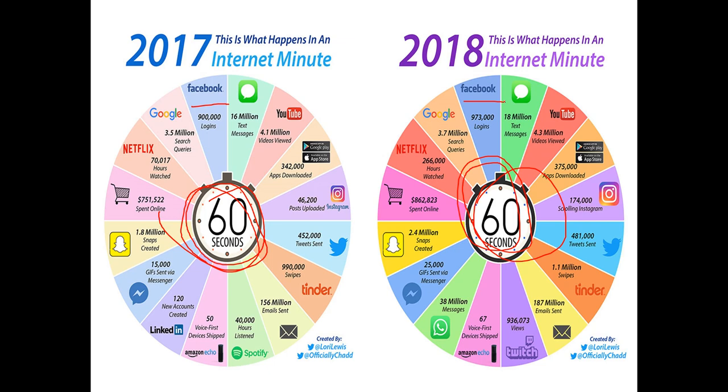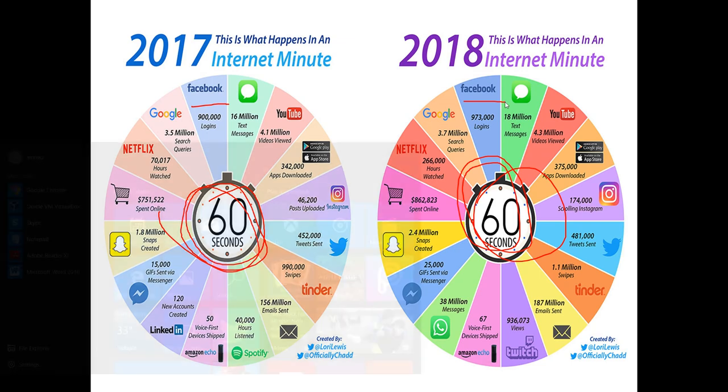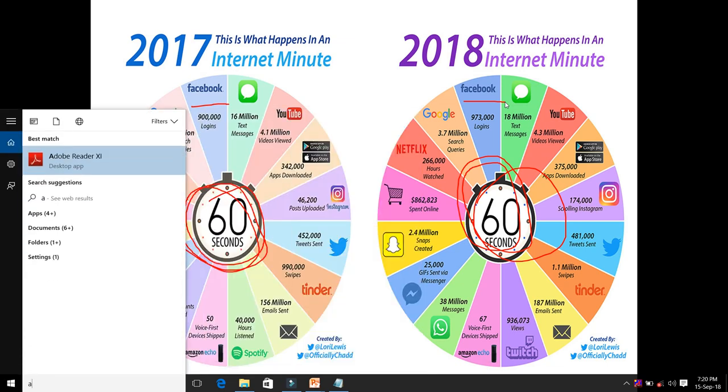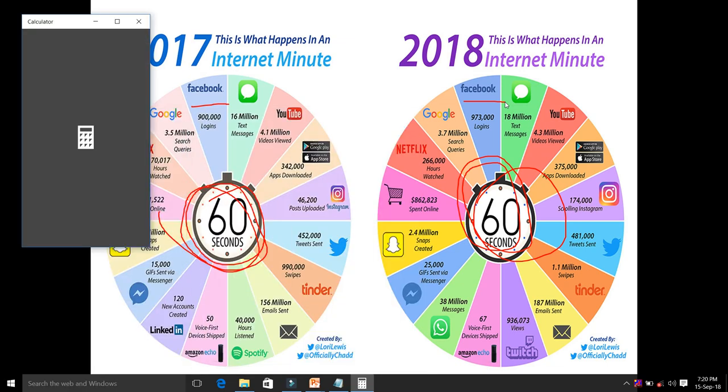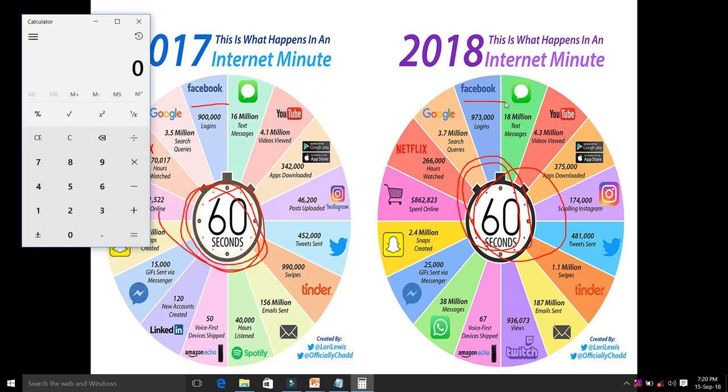Now see, this is a very important point that I am discussing. Let me take a calculator so you can understand more. In 2017 we had 9 lakh users; currently in 2018 we have 9 lakh 73,000 users logging into Facebook per minute.